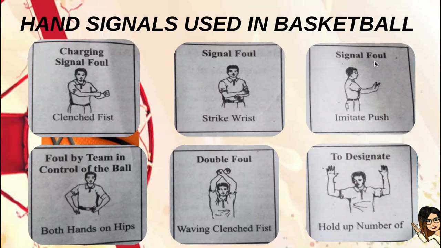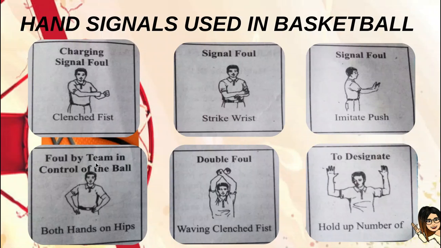For the signal foul again, from strike wrist, then imitate push. Got it? From clenched fist to strike wrist, then imitate push. Okay, that's for the foul.